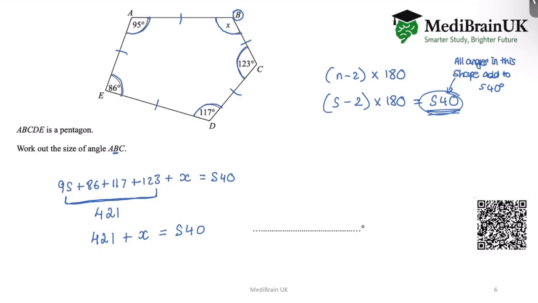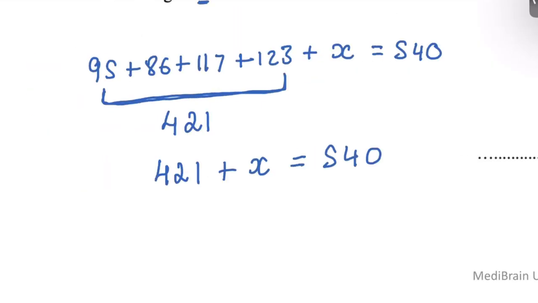Then we want x to be by itself. At the moment, 421 is being added to x. We want to get rid of that 421, and to do that we need to do the opposite and do the same to both sides. It's being added, so we subtract 421 from both sides.